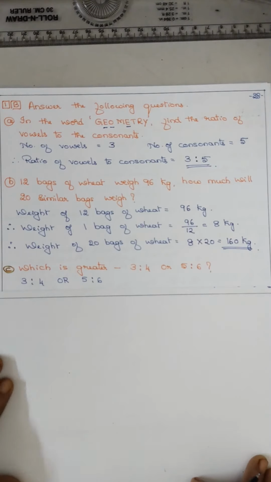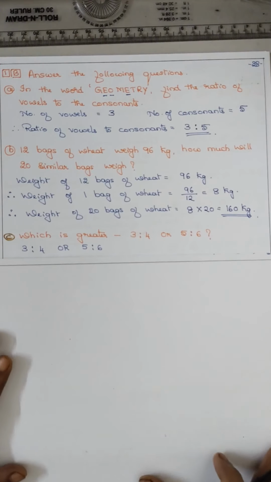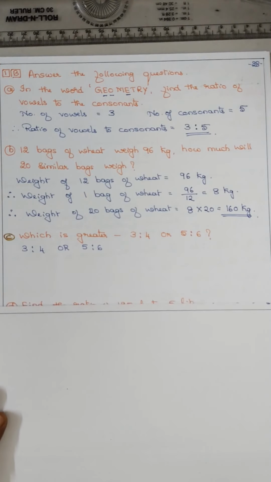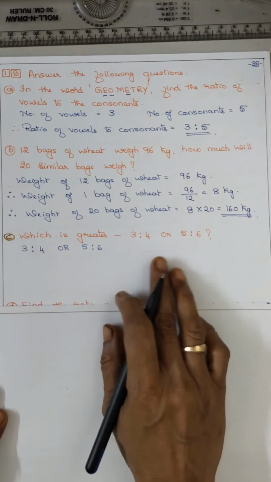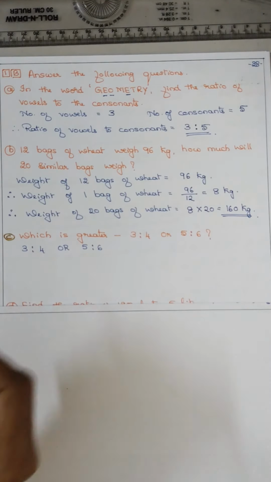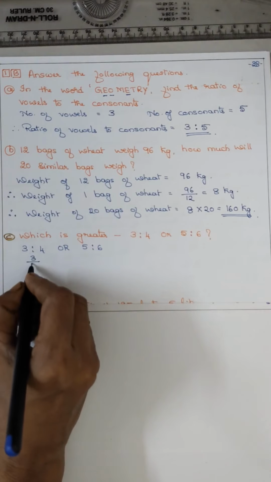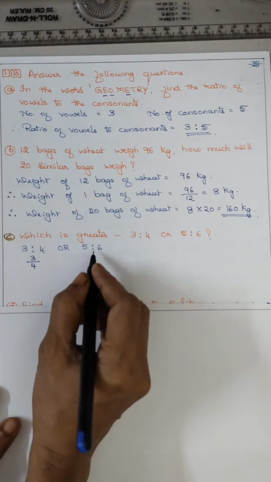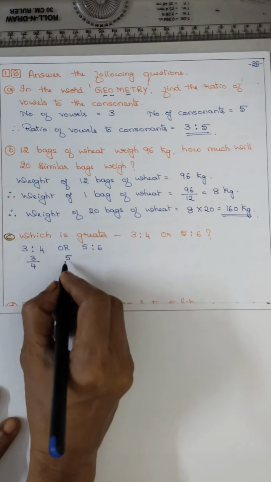Clear? Now which is greater? Two ratios are given, 3:4 or 5:6. 3:4 can be written as 3/4. 5:6, 5/6.